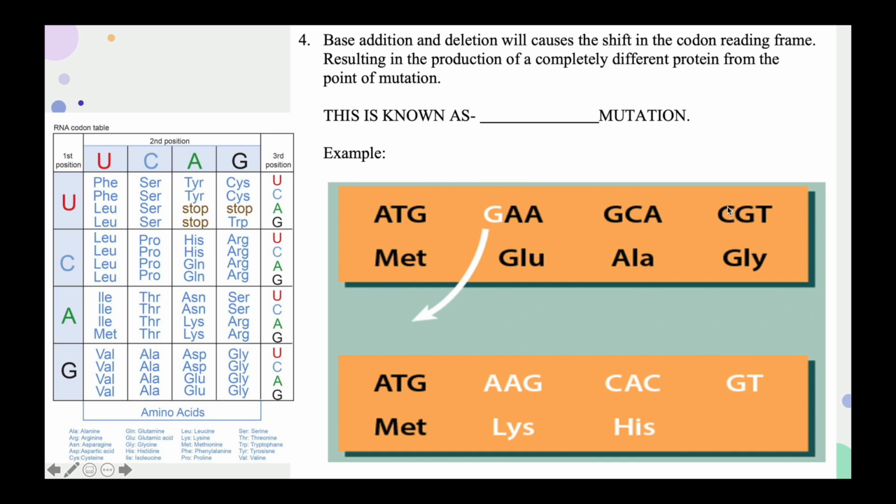C, which is located in this codon, is now shifted into this codon. So therefore, this will result in the production of a completely different sequence of amino acids after the point of mutation. This type of change on the protein is known as frameshift mutation.